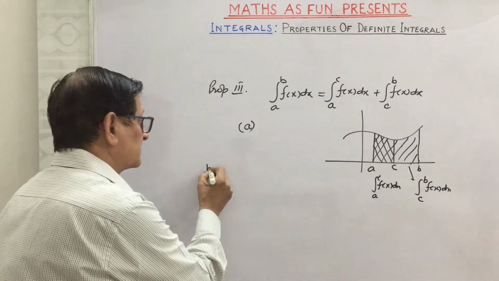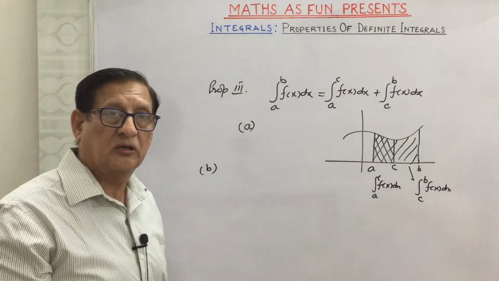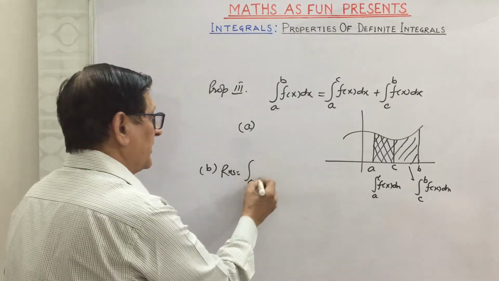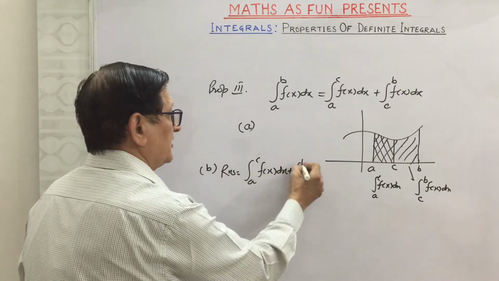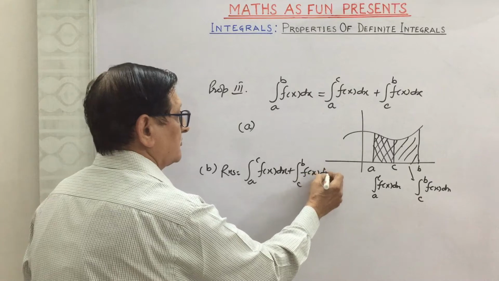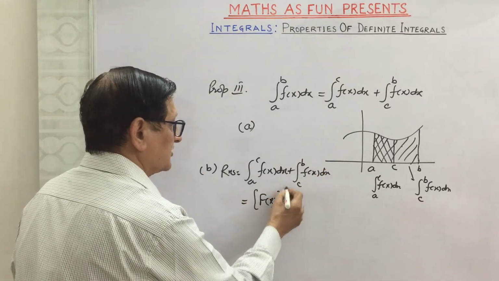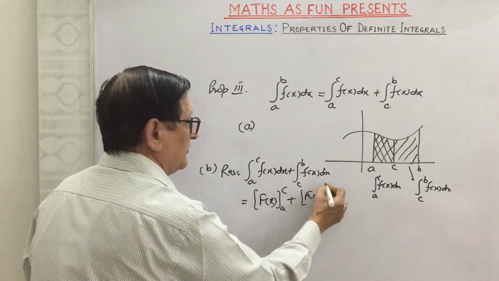The second concept we can have is the definition of the definite integral. If we start from the right hand side, this is a to c f(x) dx plus c to b f(x) dx. This is F(x) from a to c. This is F(x) from c to b.